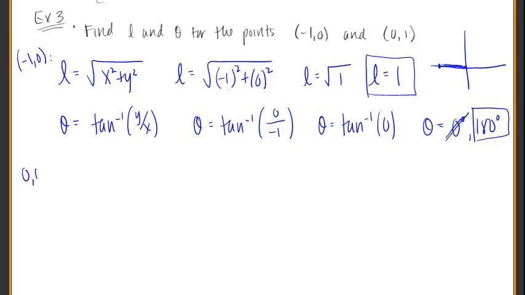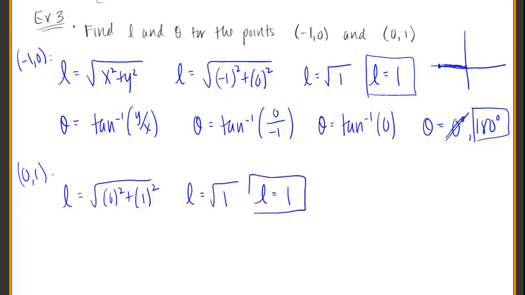Now if we go to the point 0, 1, then L is the square root of the x value squared plus the y value squared, so L is again the square root of 1, which is 1. Then theta is equal to the tangent inverse of the y value divided by the x value. Dividing by 0 is undefined.